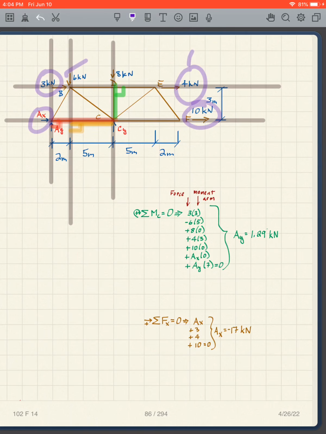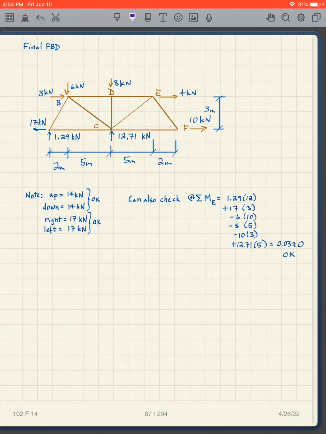Everything's in the positive to the right direction, so everything is positive in the equation. I solve for AX, I get AX is equal to negative 17. So my final free body diagram looks like this. 17 goes the other direction, to the left.